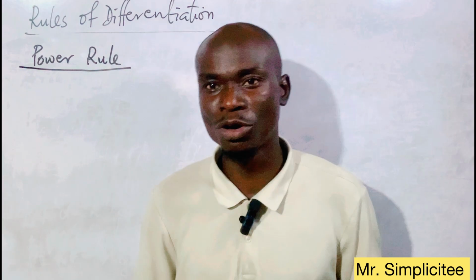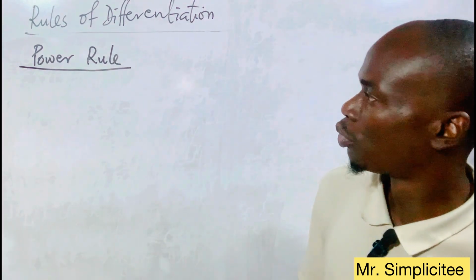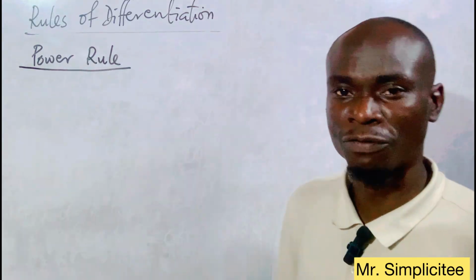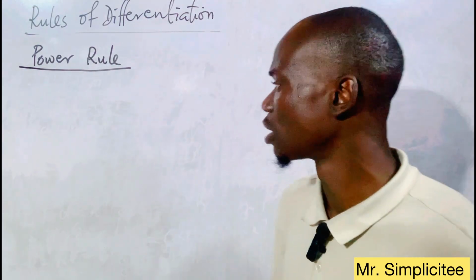In this video we are going to be looking at the power rule. Power rule is going to be the fourth rule of differentiation we'll be looking at in this series.